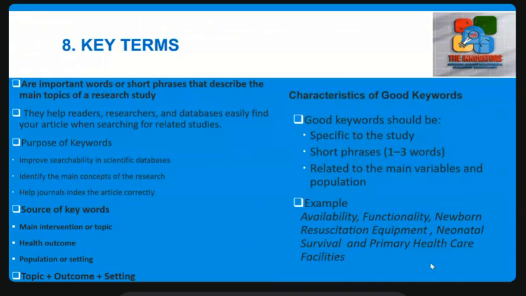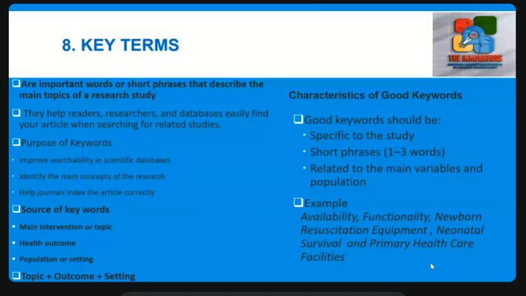It helps the journal index to correctly allocate your report or your paper after publication. The source of the keywords may come from the key topic, the outcome, the population, or your setting. Also, the keywords should be related to the topic, the outcome, and the setting.